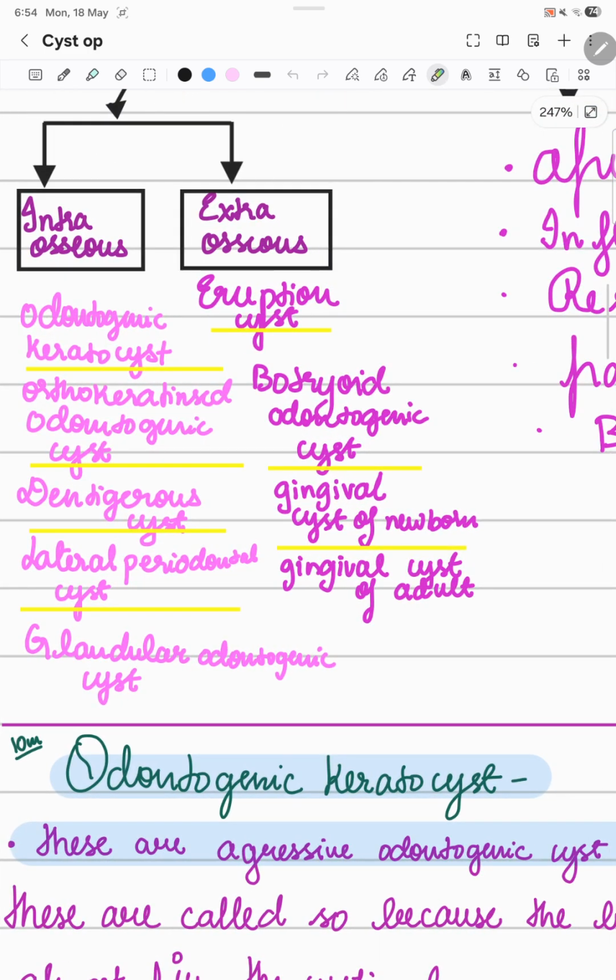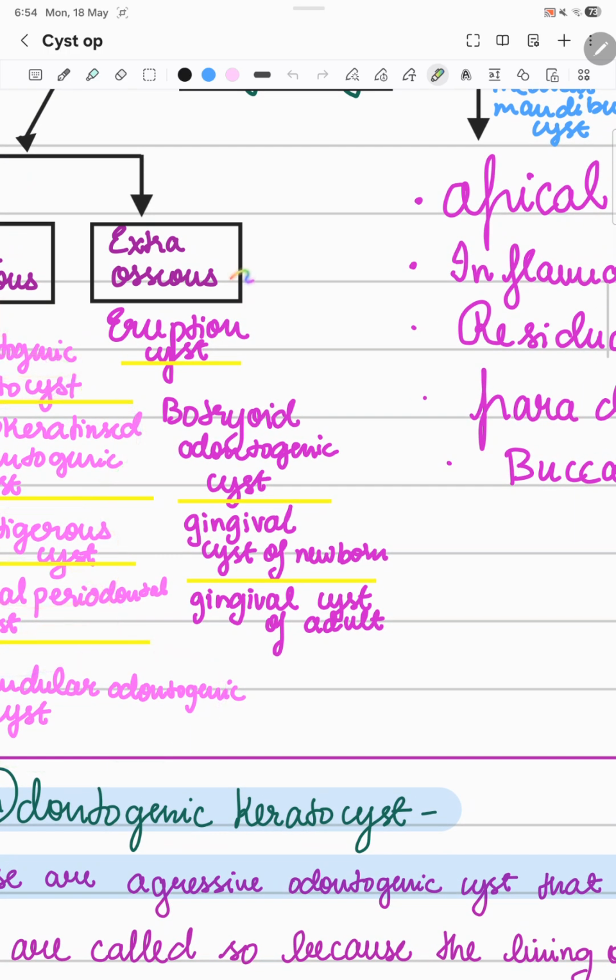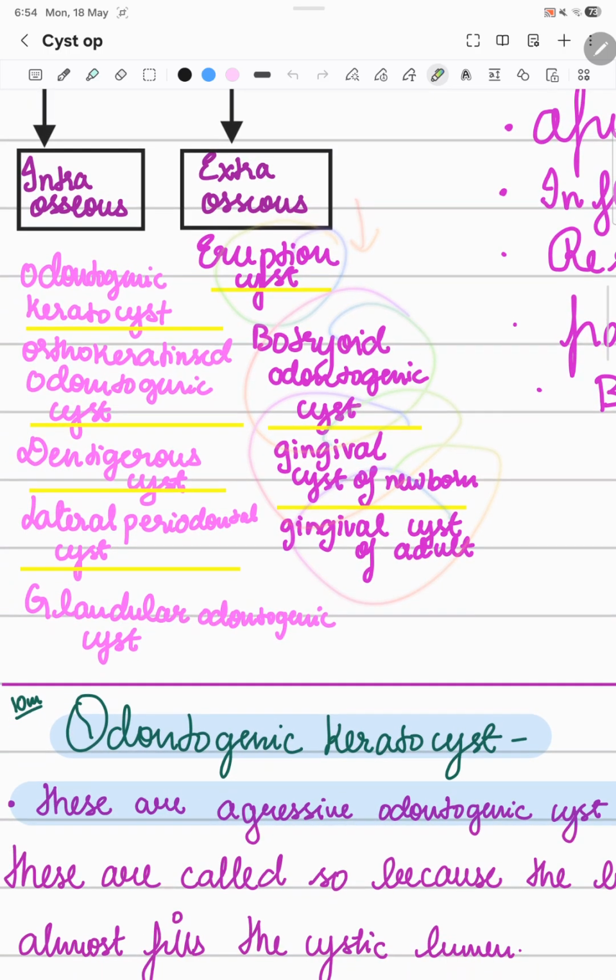Okay, now coming to the intraosseous cysts, you have your odontogenic keratocyst, you have your orthokeratinized odontogenic cyst, you have your dentigerous cyst, you have lateral periodontal cyst, glandular cyst. Then in the extraosseous we have eruption cyst, botryoid cyst, gingival cyst and gingival cyst of adults.